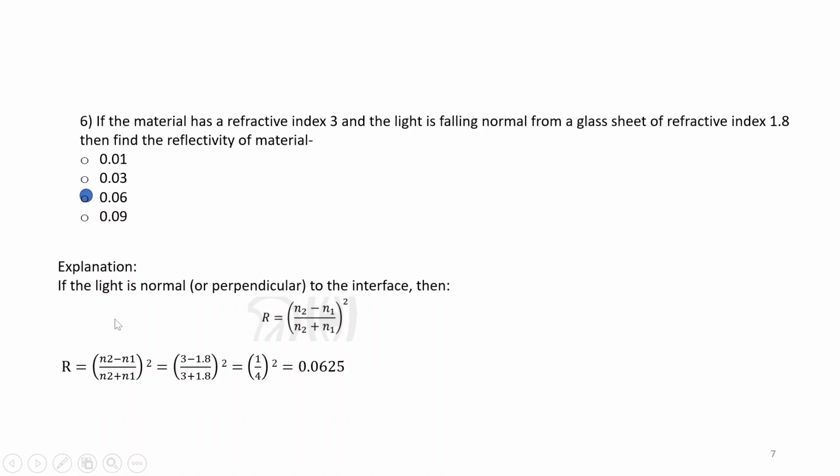If the light is normal or perpendicular to the interface, then the reflectivity of the material can be given as (n2 minus n1) upon (n2 plus n1), whole square. So reflectivity can be given as (3 minus 1.8) divided by (3 plus 1.8), whole square. So the correct answer here will be 0.0625.